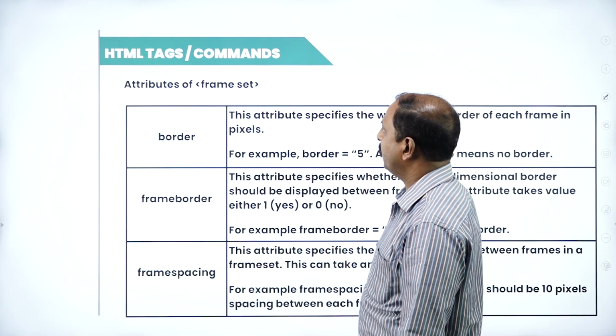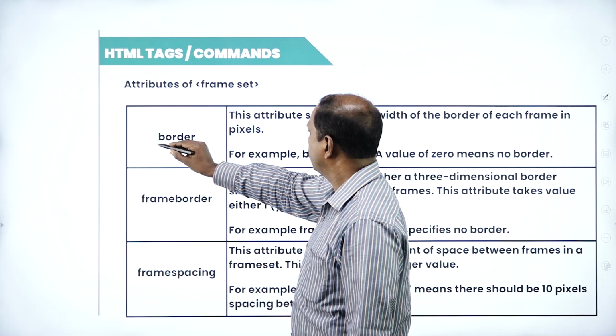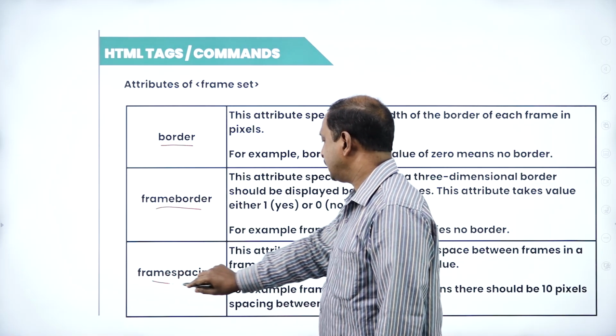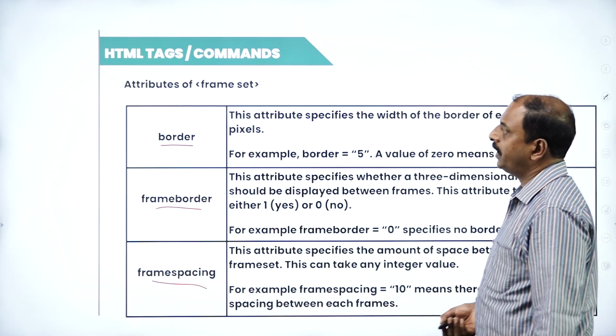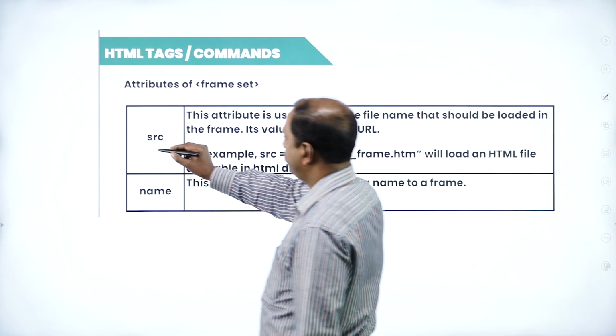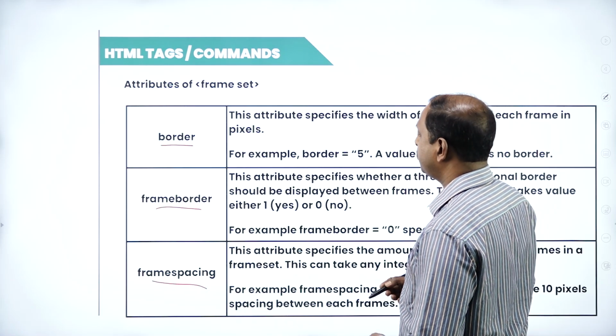Now we have different attributes of frameset. One is border. We can have border, frameborder and framespacing. These are all different attributes of the frameset tag. SRC we have seen. SRC means the source, as we saw in the previous example.